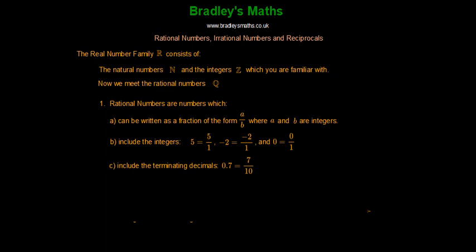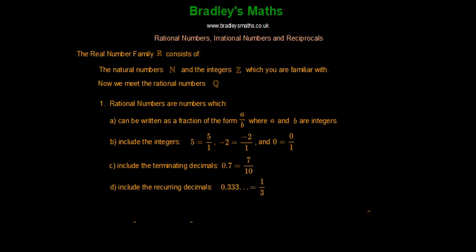They can be changed into fractions, and in a later worksheet we'll find out how to do that. They also include the recurring decimals. 0.333333 going on forever is 0.3 recurring, and that is equal to 1/3, which is a fraction in the form a over b, where a and b are integers.